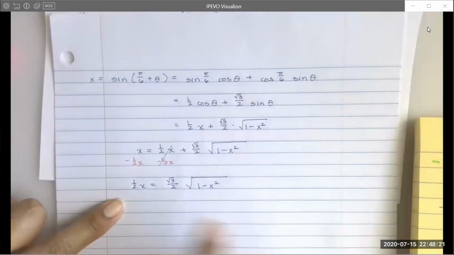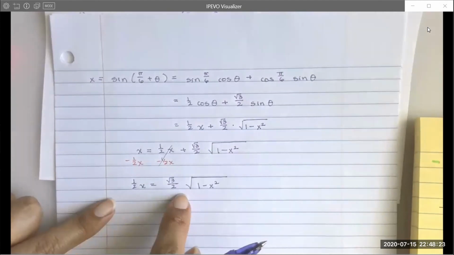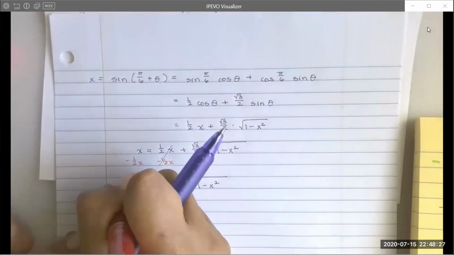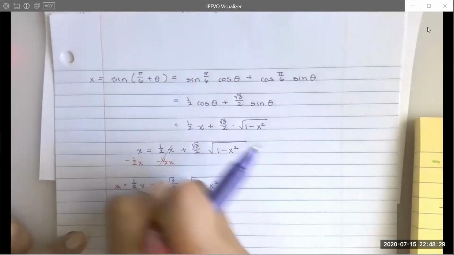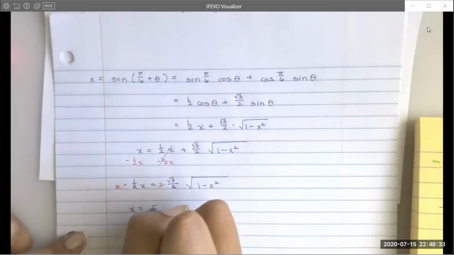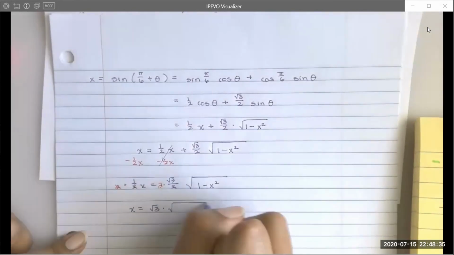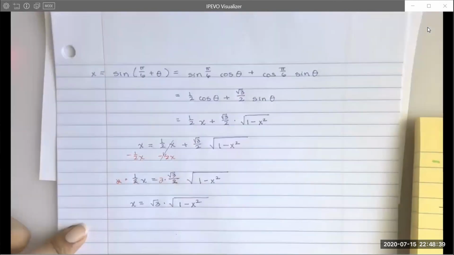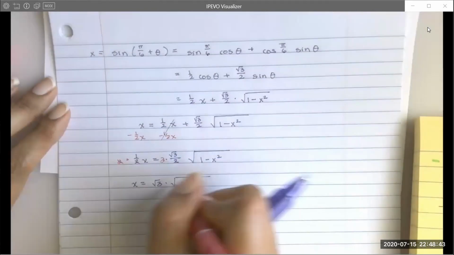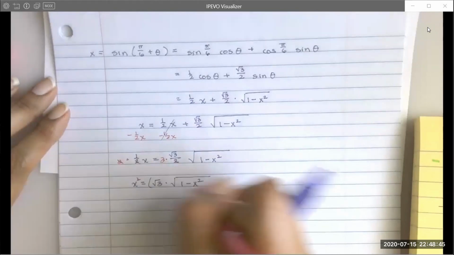I'm going to multiply both sides by 2, that way I get rid of the 1/2s. These are going to cancel. We end up with x is equal to square root of 3 times square root of 1 minus x squared. To get rid of the square roots, I'm going to square both sides.